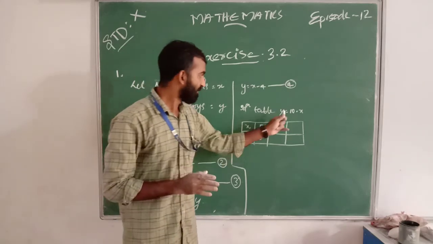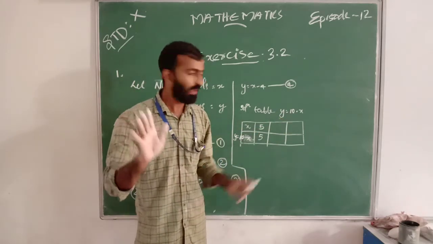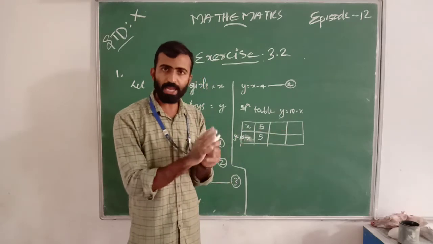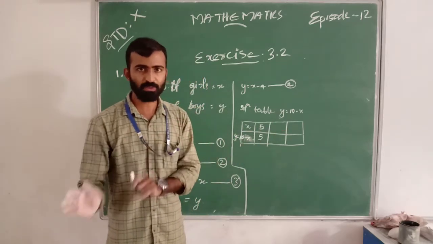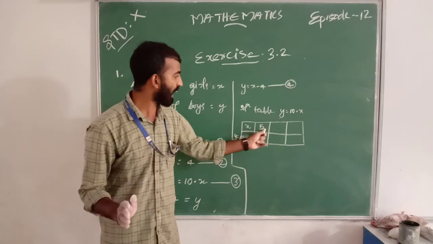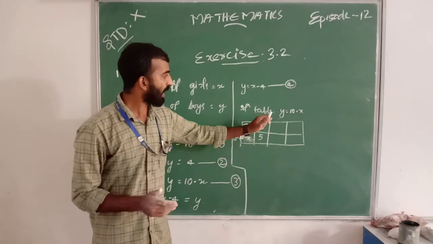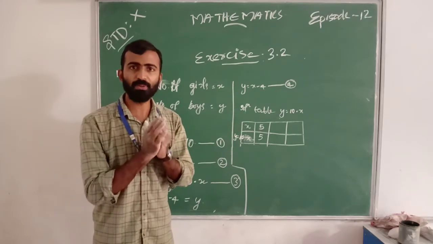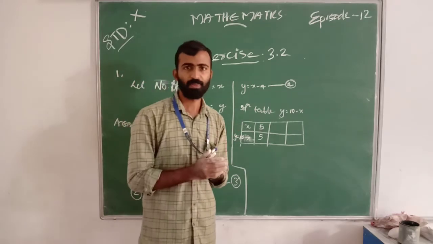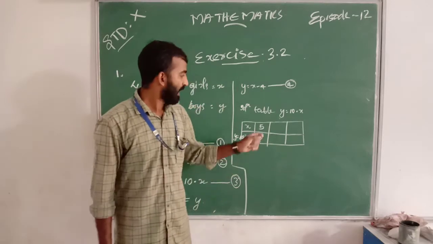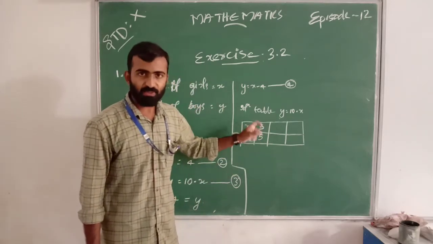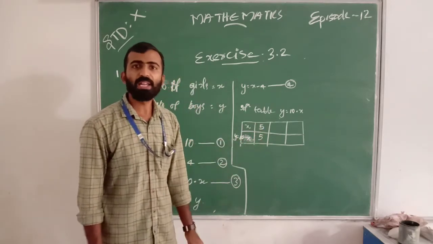I repeat: when we give x as 5, we can write y equal to 10 minus 5. We already gave x as 5, so y equal to 10 minus 5, the answer is 5. When we give x as 5, we get y as 5.